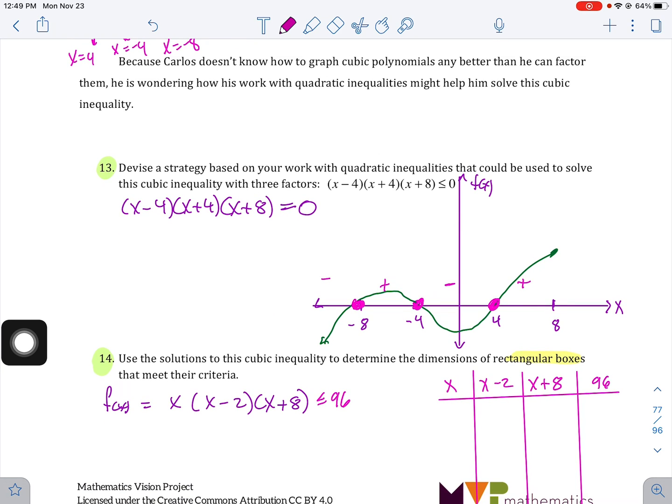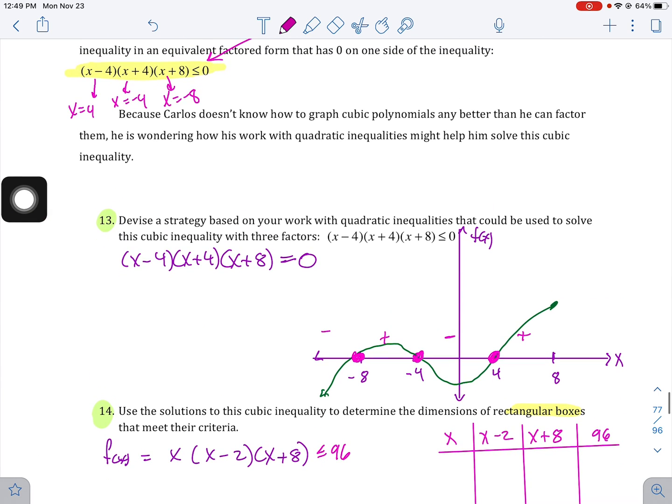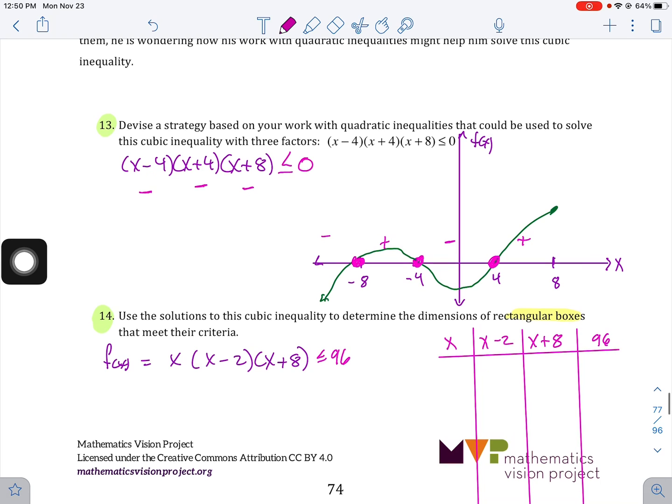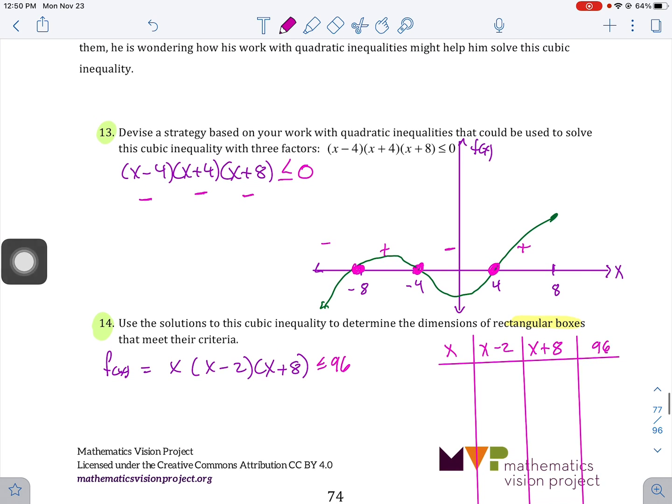Now, we're trying to find a solution not to the equation, but to the inequality. And the inequality, let's change this from equation back down to inequality, is when it is less than or equal to 0. And one way is to try some numbers. Like if you did -10, this would be negative, negative, negative. So the product of 3 negatives would be a negative. So anything to the left of -8. If it's, say, -6, you would have negative, negative, positive.